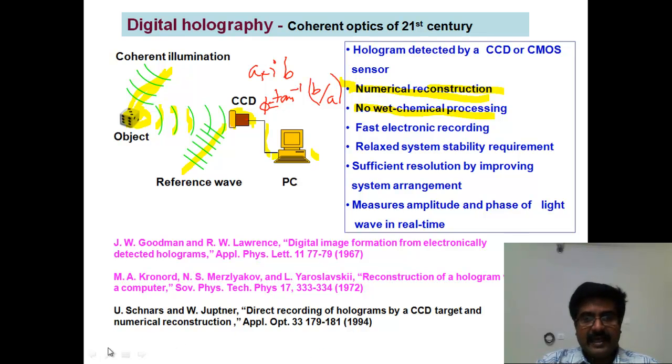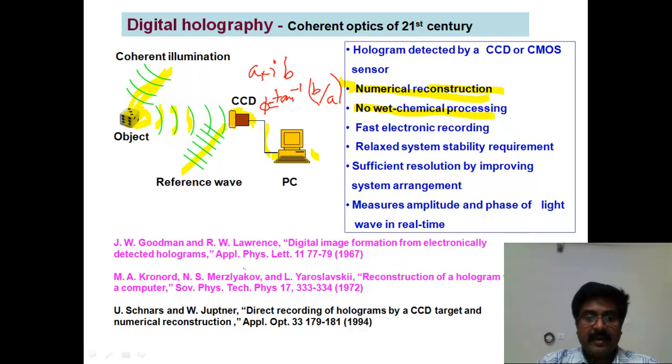And these are the landmark papers. Professor Goodman and Lawrence demonstrated this, digital image formation from electronically detected holograms. Later on, Kronrod and Yaroslavskii, reconstruction of holograms with a computer. So again it's a computational reconstruction.